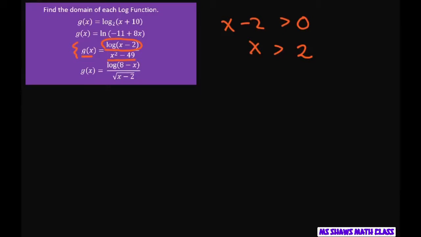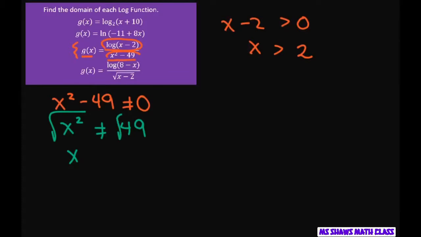So we've got to see what makes this 0. x squared minus 49 cannot equal 0, because you can't divide by 0. So you can solve this way, take the square root of both sides. When you take the square root of both sides, don't forget to put the plus and minus. So x cannot be plus or minus 7.